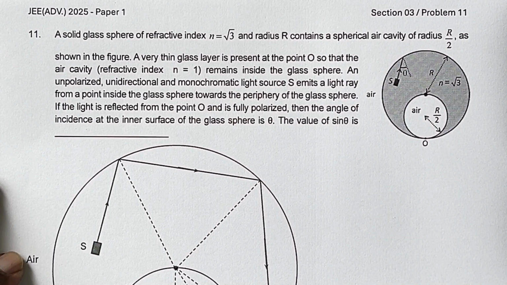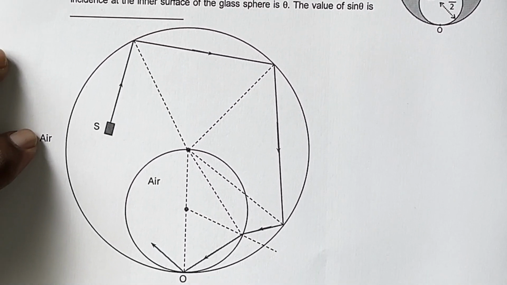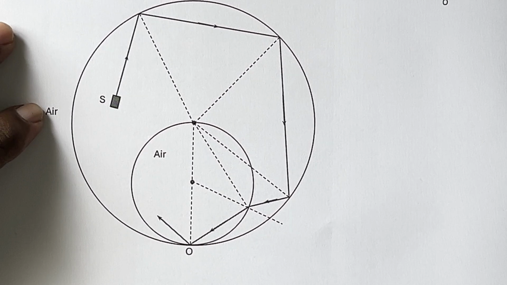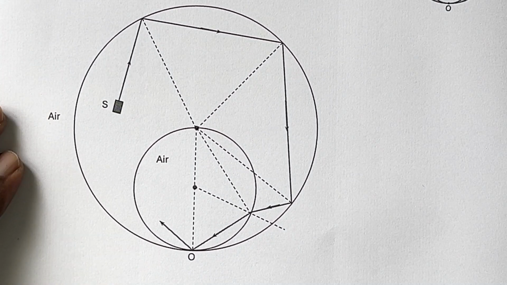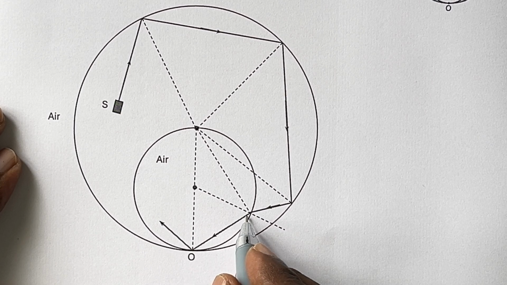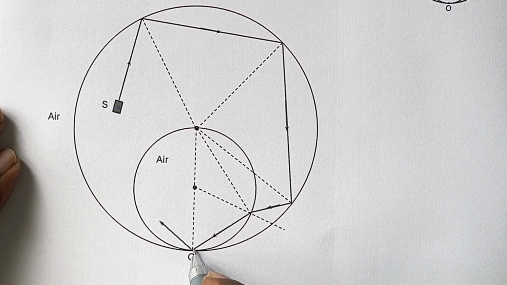See here, the path of the light ray is drawn, and you may wonder how I got this diagram. Nothing, I started from O. The light ray is falling here and the light ray is going here.